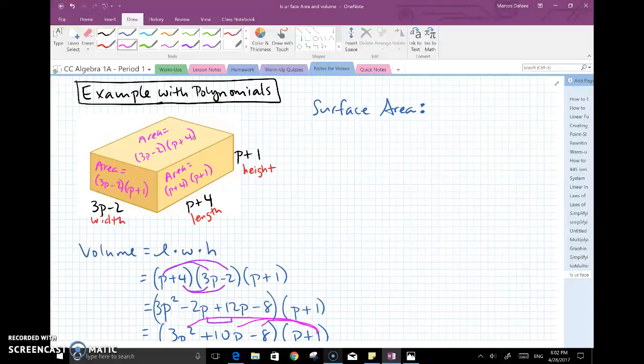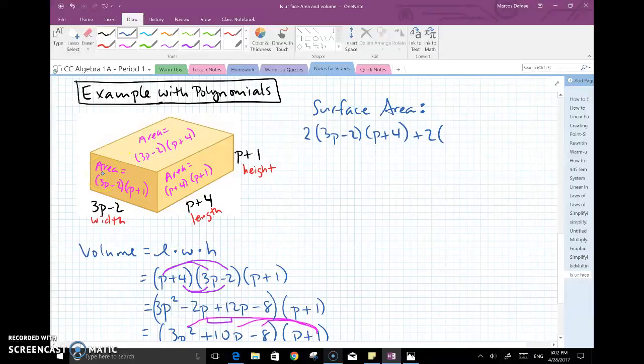So what I have so far is the following. For the surface area, I have 2 of these. This is the top, 3p minus 2 times p plus 4, okay, that's a top. I'm going to add that to 2 times the side, this side over here, this left side.